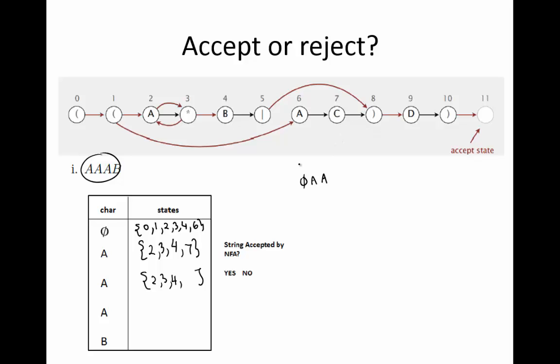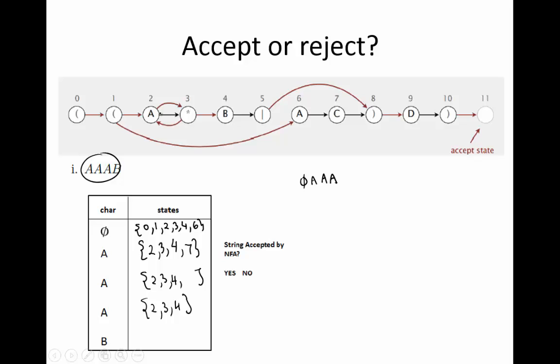So you're not going to go to any other state. So you would be in 2, 3, 4. So after reading the third character, again, you would be in 2, 3, 4. Nothing else happened, and you're stuck in this loop here.